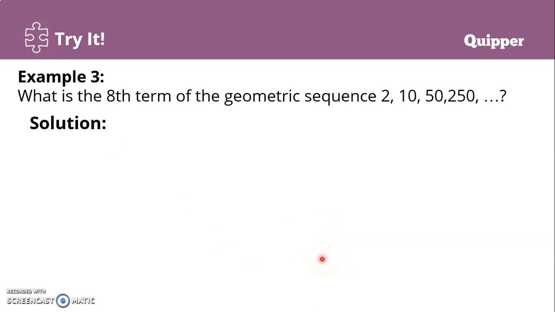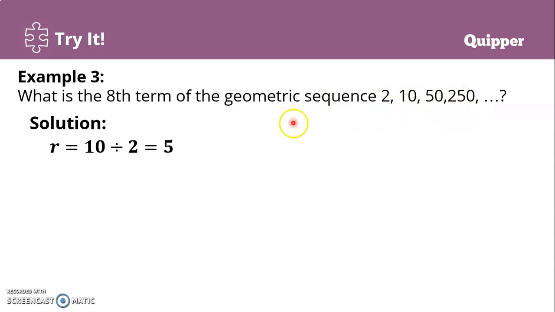Another example. What is the 8th term of the geometric sequence 2, 10, 50, 250, and so on? We are looking for the 8th term, so that's a sub 8. First, sabi na dito geometric sequence na siya. So, no need to solve for the ratio of this, and that.